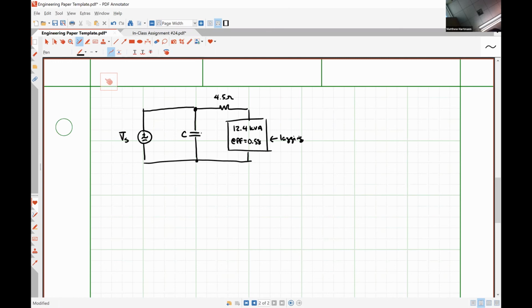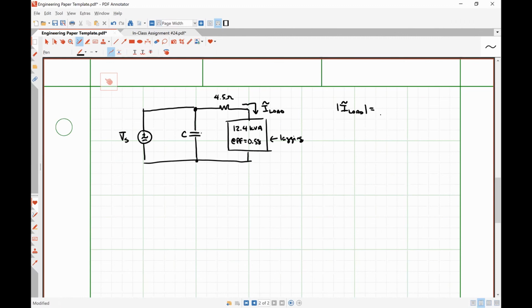So I'll try to scram into there. We're also told that the magnitude of this load current is... Did you say this is a web work problem? Yes. Okay. Homework 24, problem 4. Okay. Yes. Thank you.